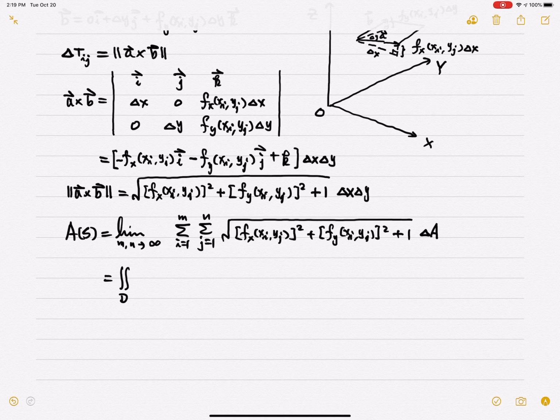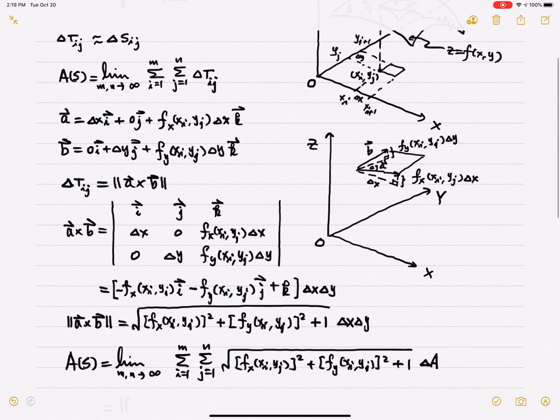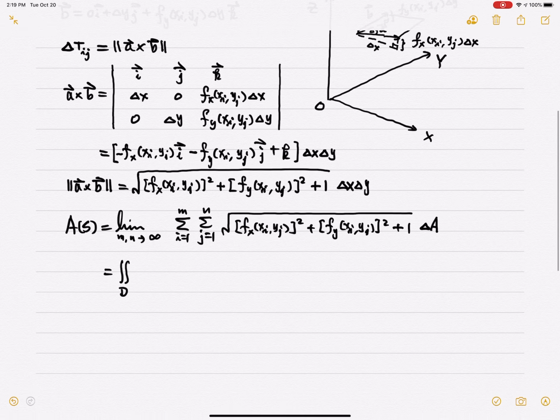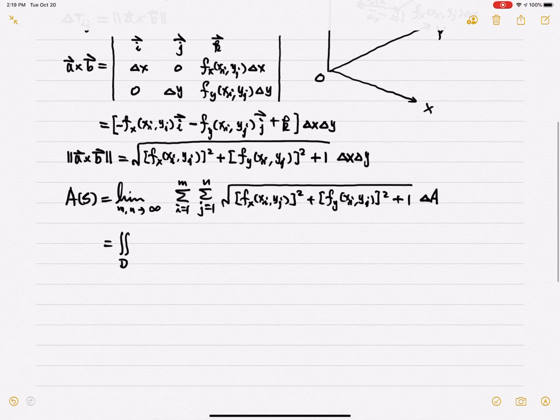We say D is a planar region the surface is defined on. I didn't draw it on the graph. That's directly under the surface on the xy plane. That's the planar region, and then the integrand, we just change this to f sub x of xy squared plus f sub y xy squared plus 1, and take the square root.